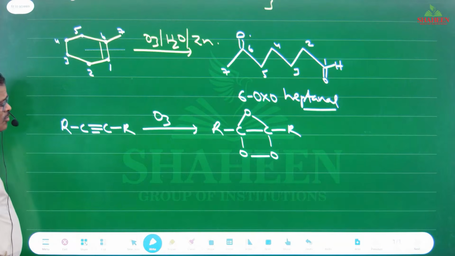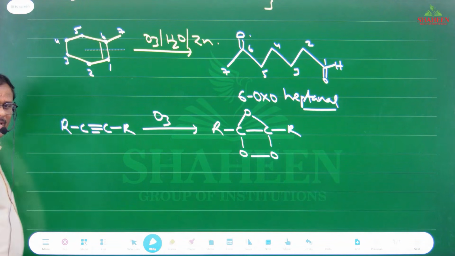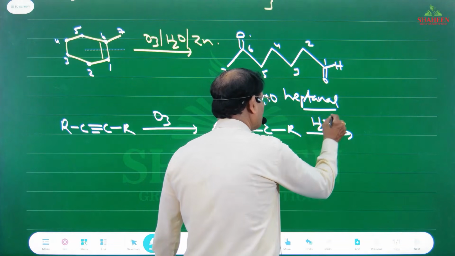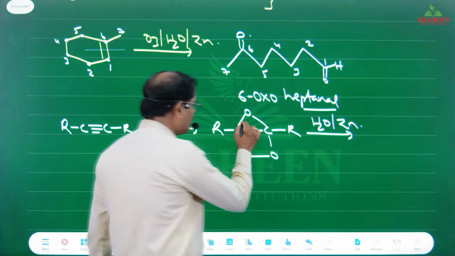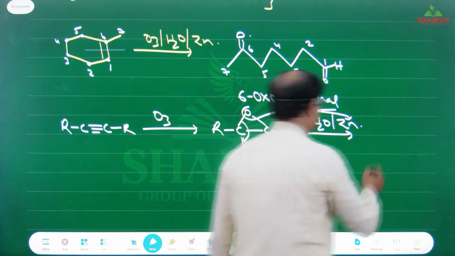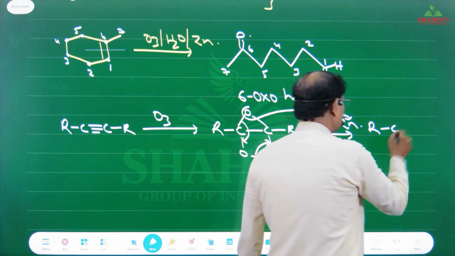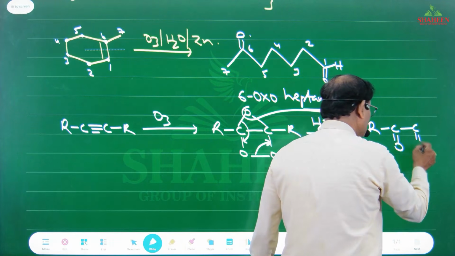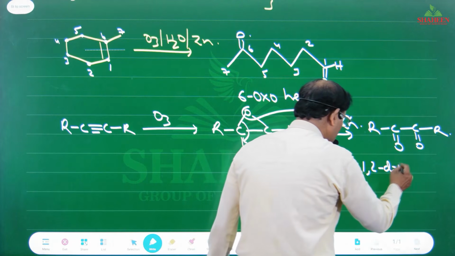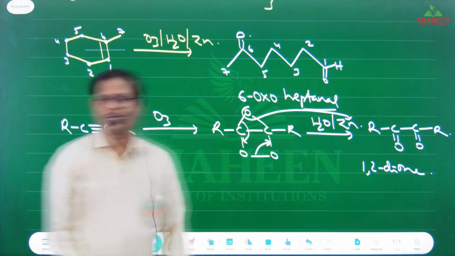In the formation of ozonide, only 2 bonds participate, and the other bond is left over as it is. On hydrolysis, with H2O in the presence of zinc, these electrons move here, and this is with zinc. Then we have RC double bond O, C double bond O, R. This is called a 1,2-dione. 1,2-diones are the products.